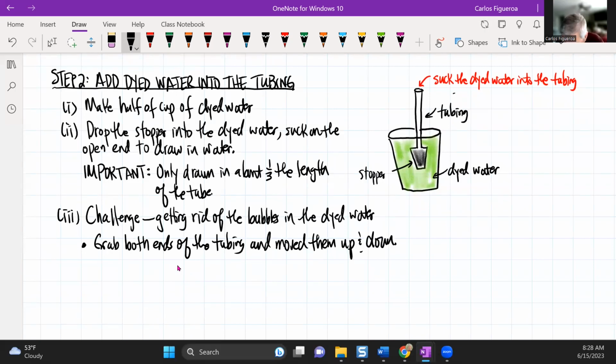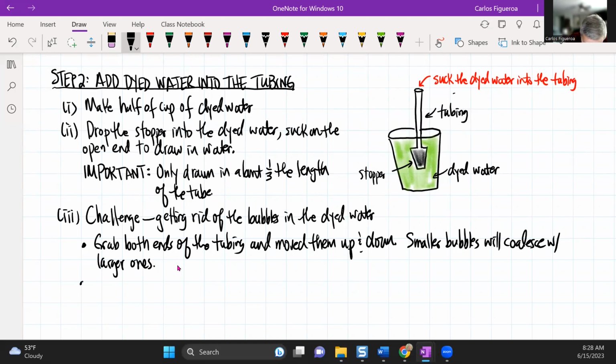When you do that, smaller bubbles will coalesce with larger ones, so you want to reduce the number of bubbles.